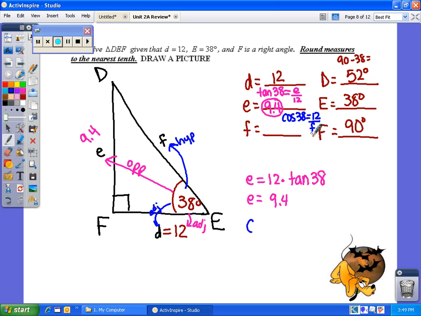So notice that the variable is in the denominator, so we're going to wind up doing 12 divided by the cosine of 38. And that gives us 15.2.